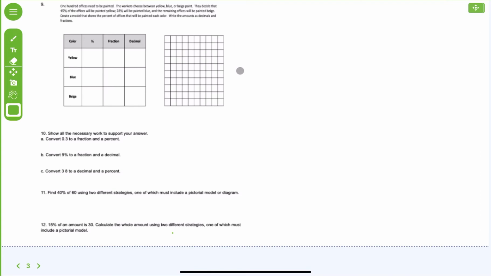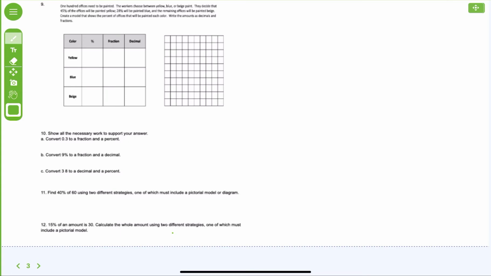The workers choose between yellow, blue, and beige paint. They decide that 45% of the offices will be painted yellow, 28% will be painted blue, and the remaining will be painted beige. Create a model that shows the percent of offices that will be painted each color.